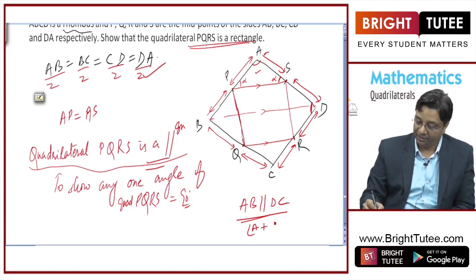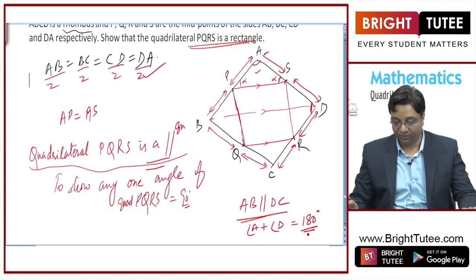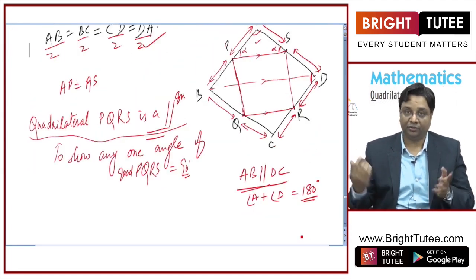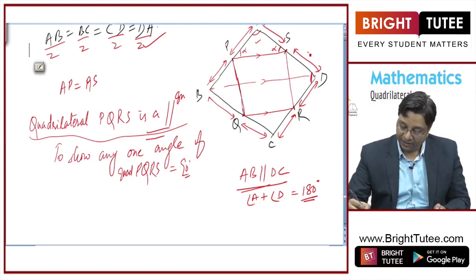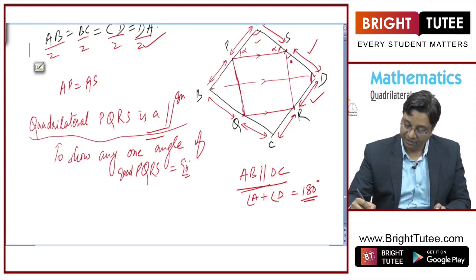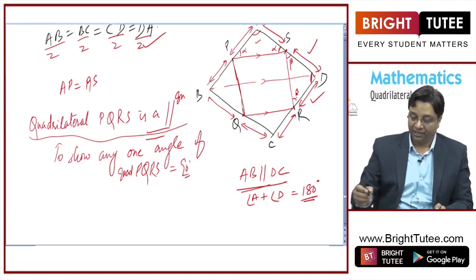So angle A plus angle D is equal to 180 degrees. This much we know, right? And one more statement and then this question is done. This segment DS is equal to segment DR, right? So if this angle is beta, what will be this angle? This will also be beta because these are base angles of isosceles triangle DSR.